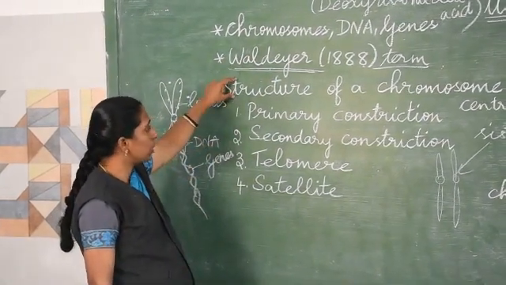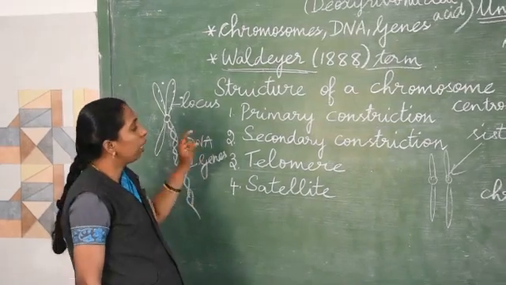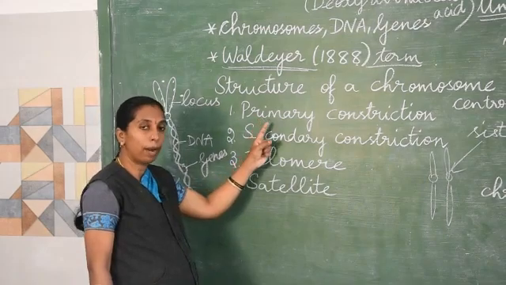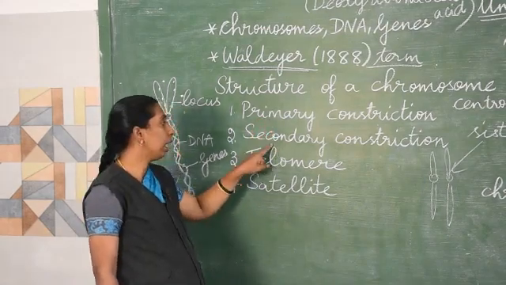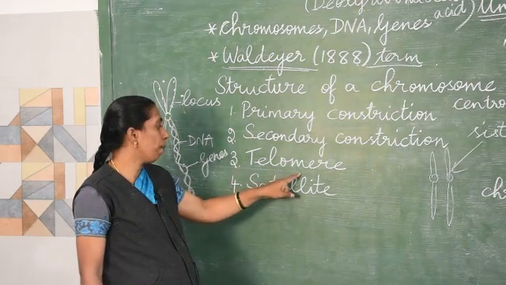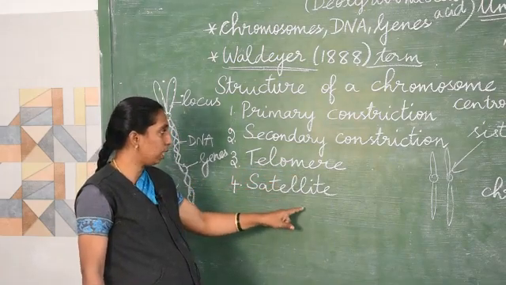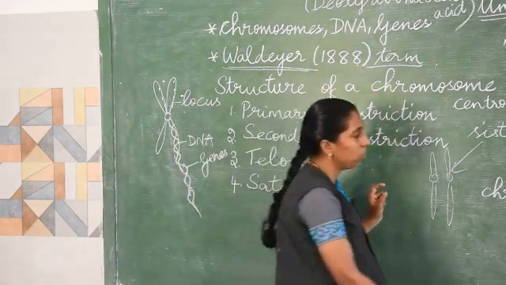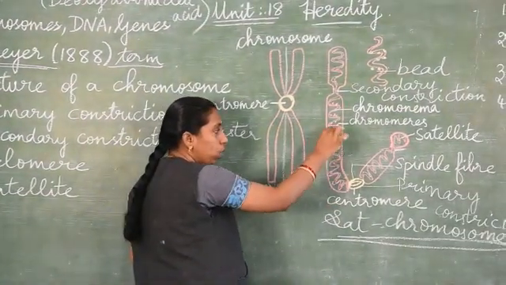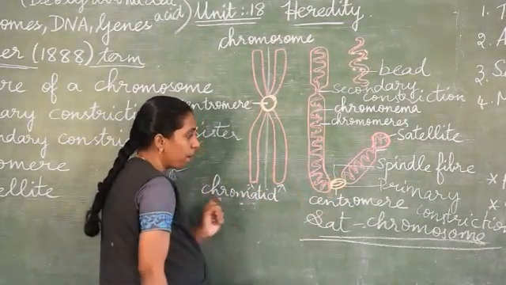When we learn the structure of a chromosome, there are four essential parts. The first one is primary constriction, second is secondary constriction, third is telomere, and fourth is satellite. Primary constriction helps in joining the two arms of a chromosome.